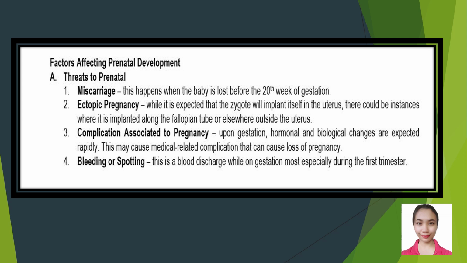Next is implantation. We also have hormonal changes, and then changes in your cervix. Of course, it will change because you are developing a baby in your womb or uterus, so your cervix probably will have changes. Next is certain types of testing. And last is problems related to smoking.